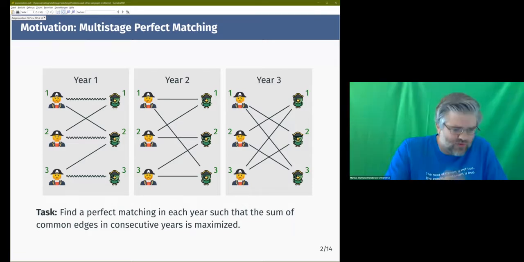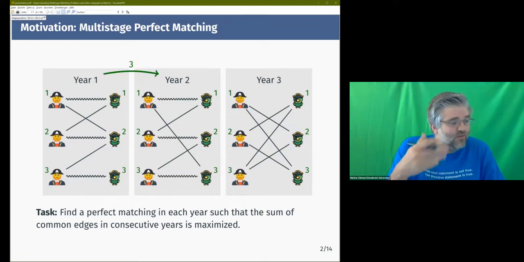So we start with the year one solution we've just seen, and then if we go to the second year, we can just use the very same matching again. That means we carry over all three edges. The intersection of these 2 years is 3.